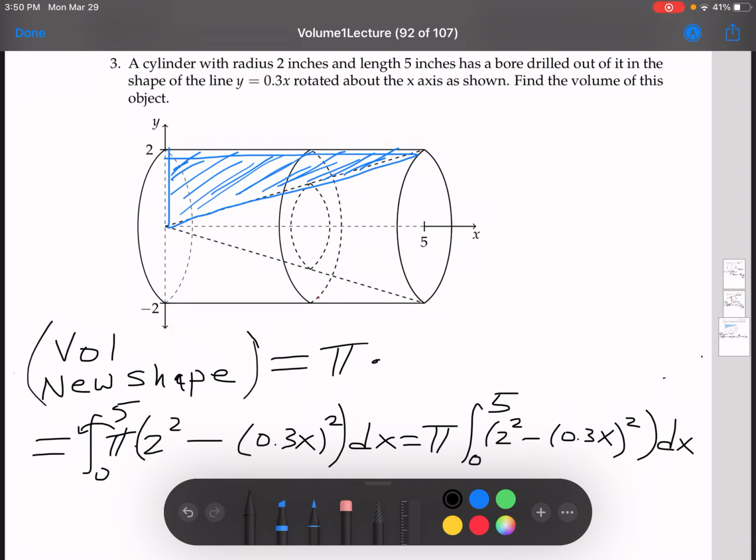So we have pi integral from 0 to 5, 2 squared minus 0.3 x squared dx.